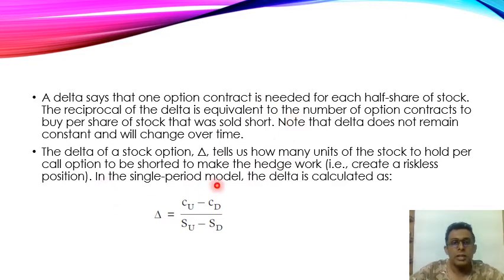In a single period model, delta is calculated as delta is equal to CU minus CD divided by SU minus SD. This is a simple formula to calculate delta, and this is how we replicate a portfolio and make it riskless. Replicating a portfolio means making it riskless. So by using this formula, we find out what delta we need, and that many stock we will hold for one call option.